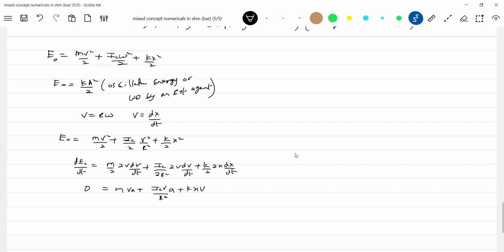Now why? Because overall mechanical energy remains constant, whatever we supplied. So that V will get eliminated from the equation.